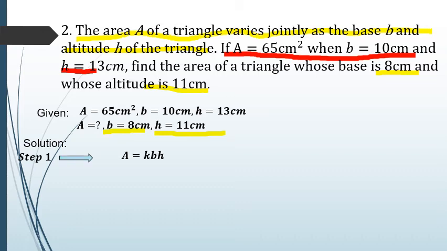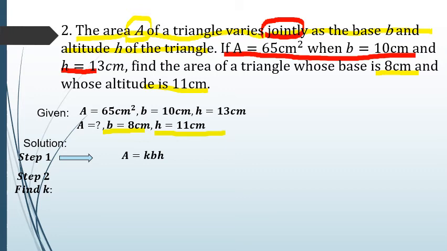So, magkakaroon tayo ng A equals KBH, or A is equal to K times B times H. So, nasaan ang A? Nandito, yung area. So, since ang word na ginamit ay jointly, magkatabi lang this time ang K, B, at H.